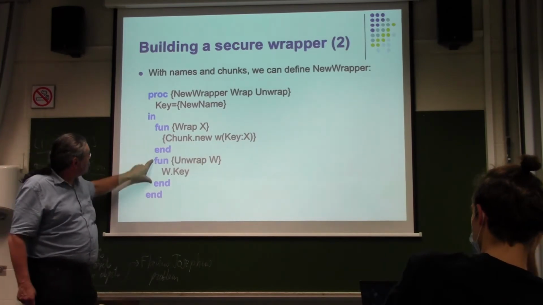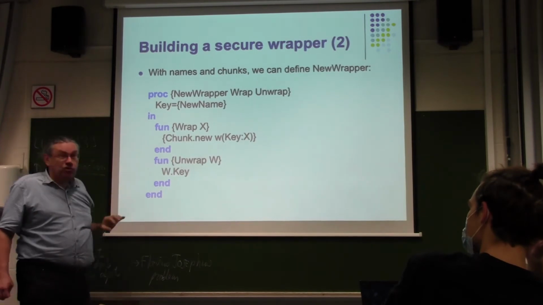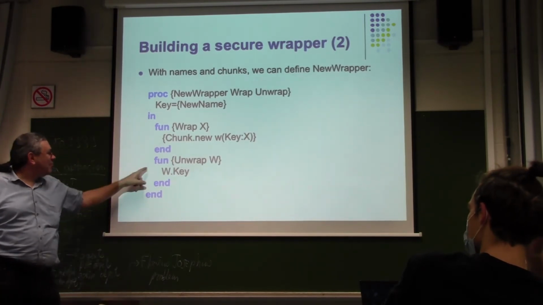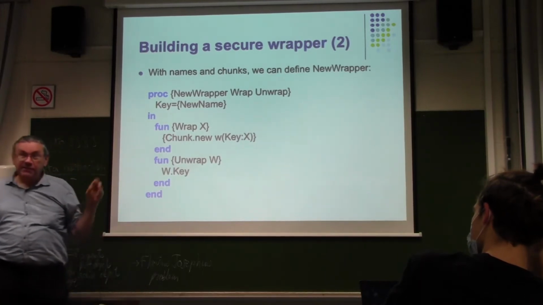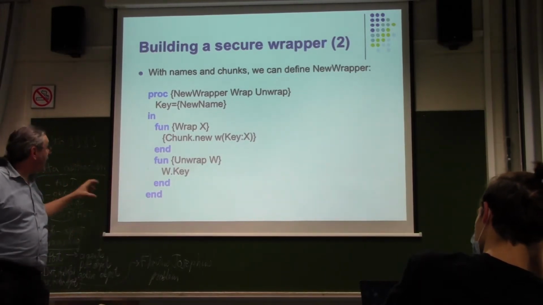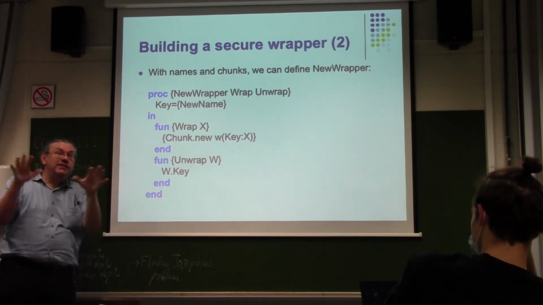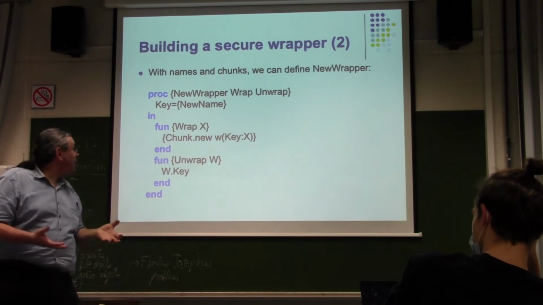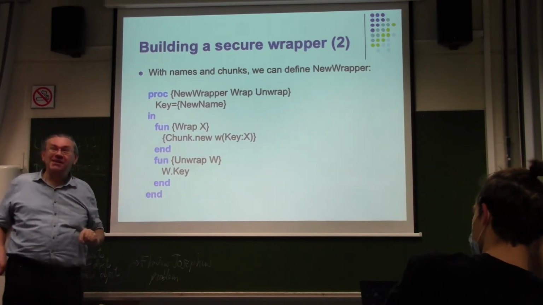So these two functions will know internally the key. So you can see the key is actually part of the contextual environment of these two functions. So you can see this is actually an example of higher order. So the contextual environment is like a hidden environment inside of a function. So we're actually using that to store the key.